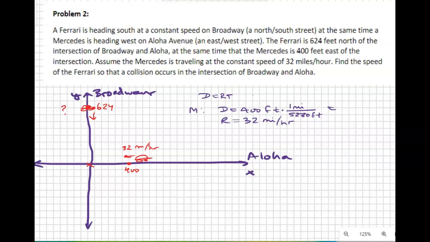This is like 0.07576 miles. Alright, so time equals distance over rate: 0.07576 miles divided by 32 miles per hour.